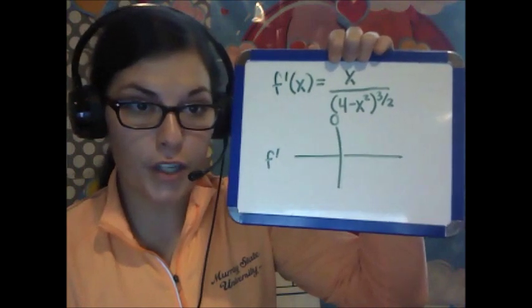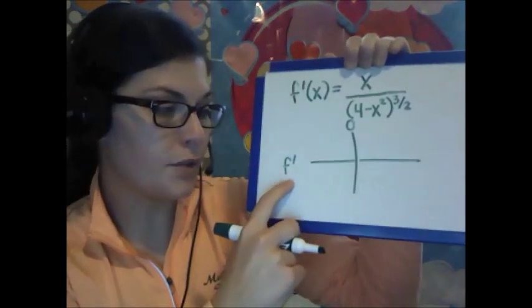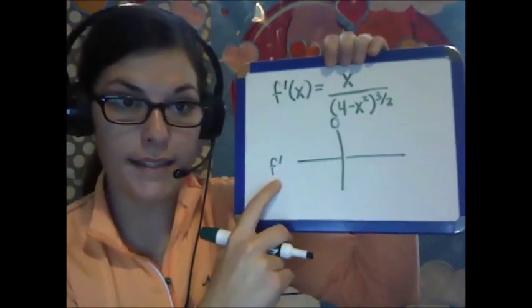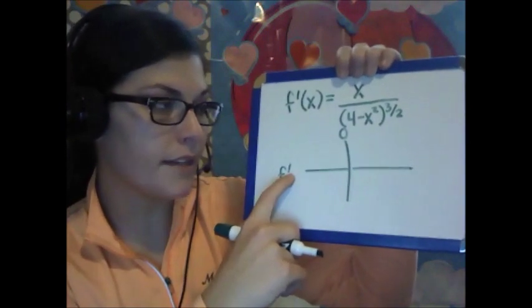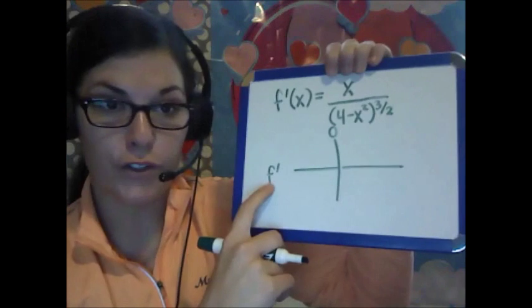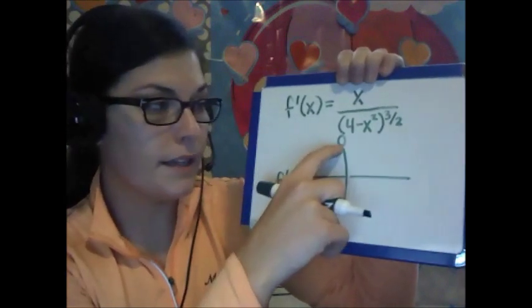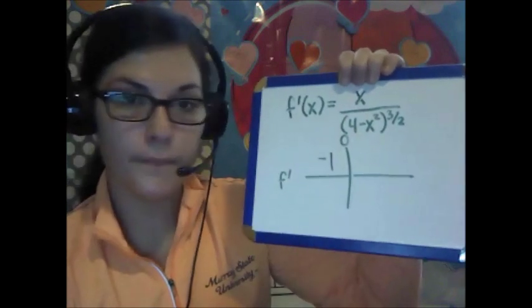The most important part to remember here is that when making a sign chart, we have to substitute it into a derivative. In this case, since we're talking about increasing and decreasing, I am substituting in the values for my sign chart into my first derivative. So we need to pick something that is less than 0. So I'm going to go with negative 1.